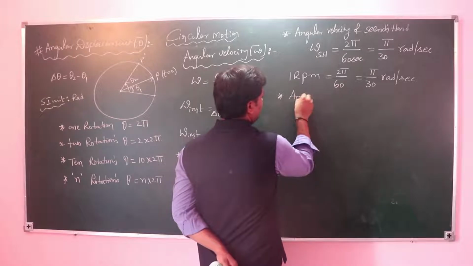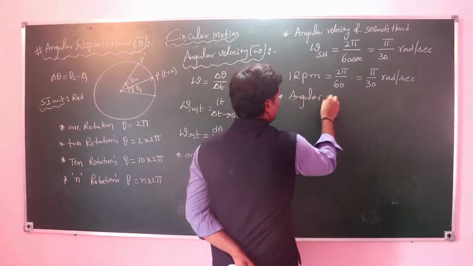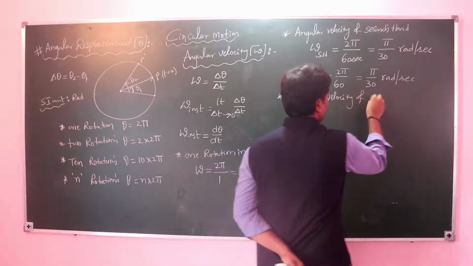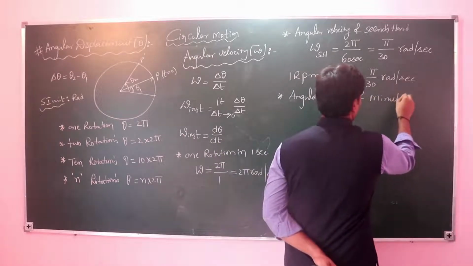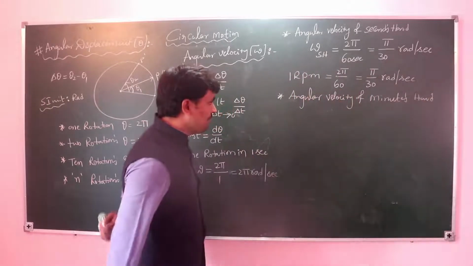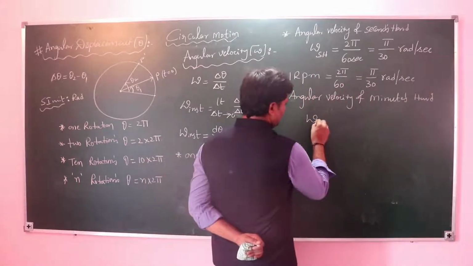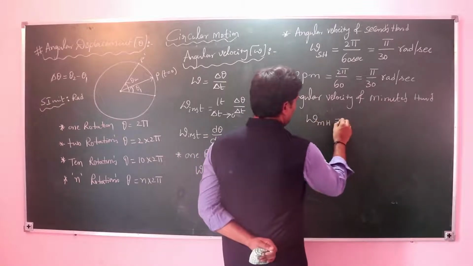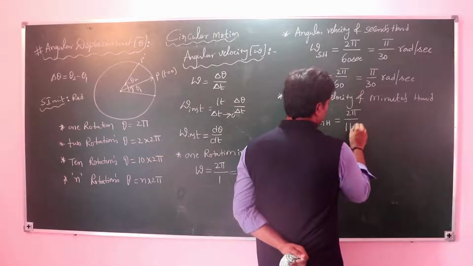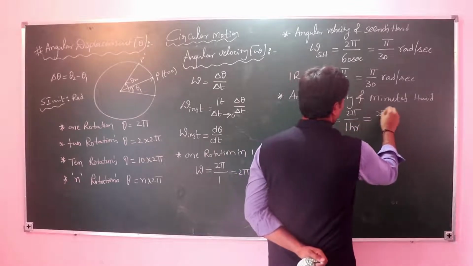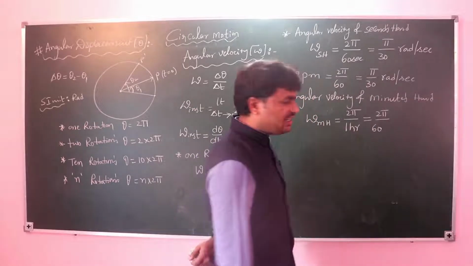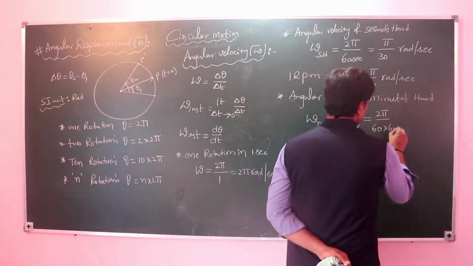Next, angular velocity of the minutes hand. For the minutes hand, how much time is taken to complete one rotation? 1 hour. 1 hour means how much time? 60 minutes, and 1 minute is 60 seconds.